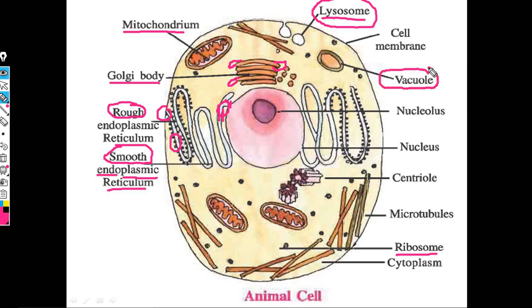Vacuole is a structure which can have a concentration of some nutrient, or waste material, or maybe some gases. That sort of function you can observe with the vacuole, but vacuoles are not well developed in animals. That's an important difference between animal cell and plant cell.